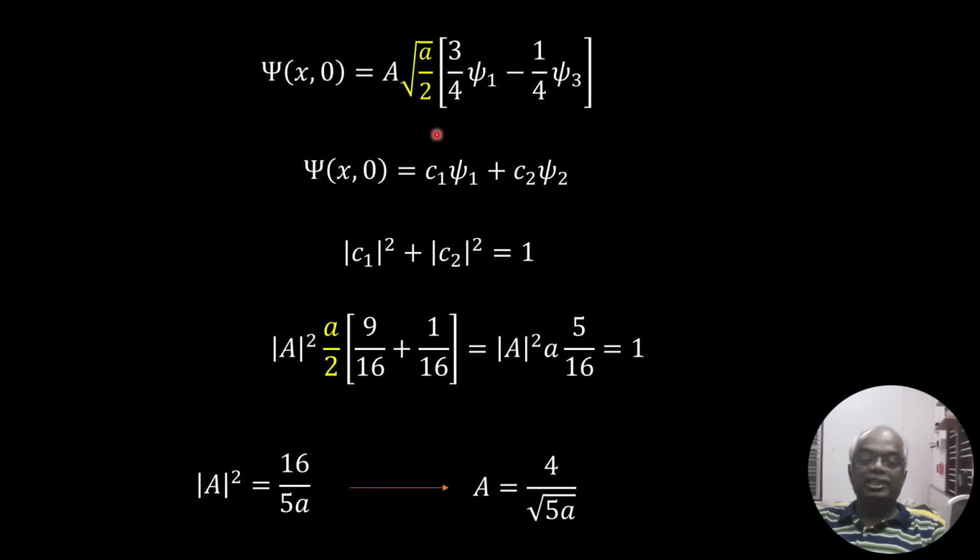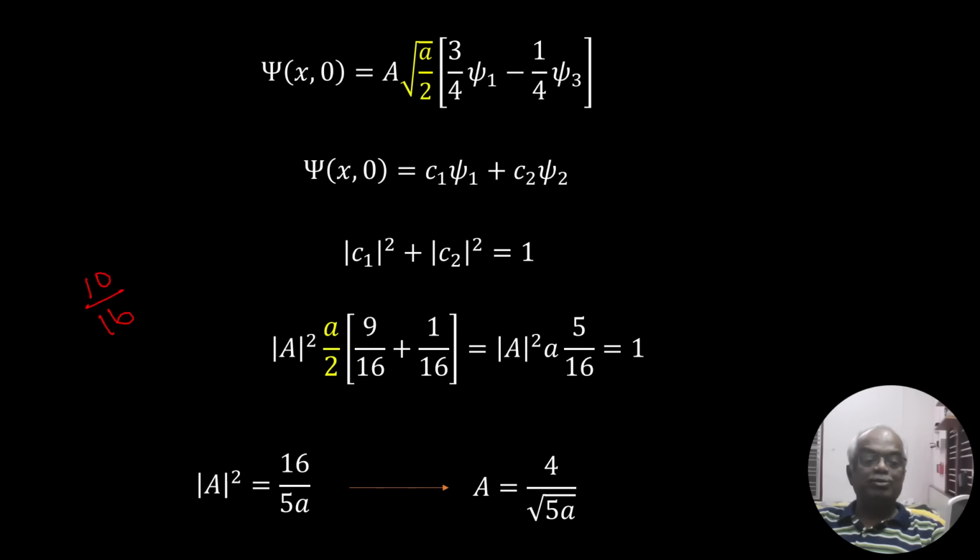If you square 3 over 4, you will get 9 over 16. Similarly, remember that you are taking the modulus square, so even if it is minus, it will become plus 1 over 16, because we are squaring it. Now if you add the numerators, you will get 10 by 16.